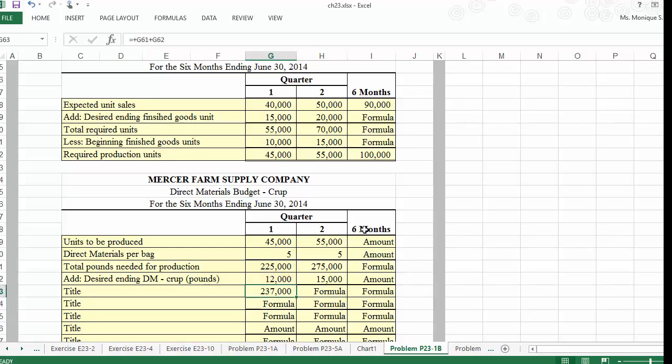225 plus the 12. We'll call this our total materials required. And then we will subtract our beginning inventory, because we don't need to purchase it if we already have it in the beginning.